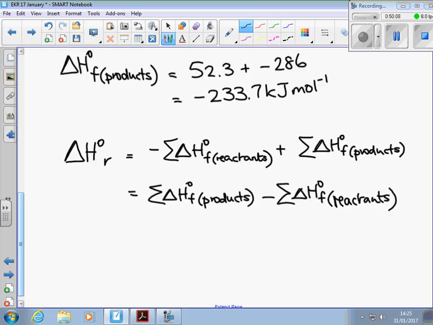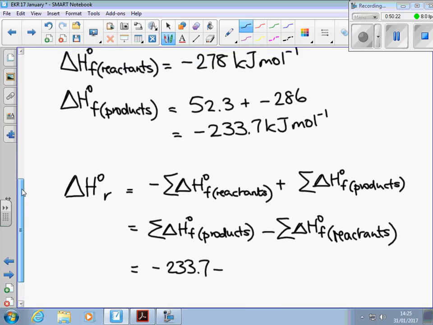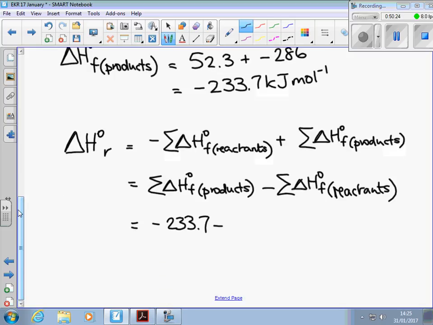If we put our numbers into that, well, our products were minus 233.7. And then if we take away our reactants, which I've lost off the top again, minus 278, so minus 278. So we're looking at, just to remind you, although you know you're using enough maths not to need reminding about that.